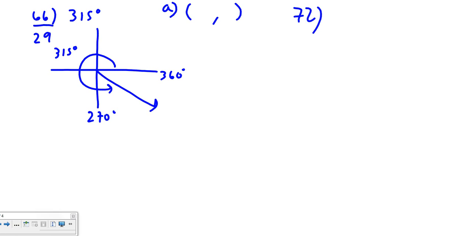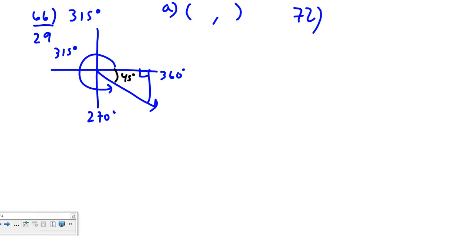Why? Because if I draw in a right triangle, I'm going to notice that the remaining angle is going to be 45 degrees. 315 plus 45 is 360, or you could think 360 minus 315 gives you that angle. Well, I have a 45-degree angle there, and it's a right triangle. It's my 45, 45, 90.